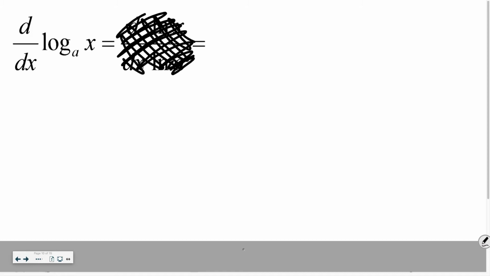What happens if it is not base e? So this is going to be your next rule. Write it down: the derivative of a log with base a instead of base e. I usually go through why this is a thing, but we're just going to go straight forward.